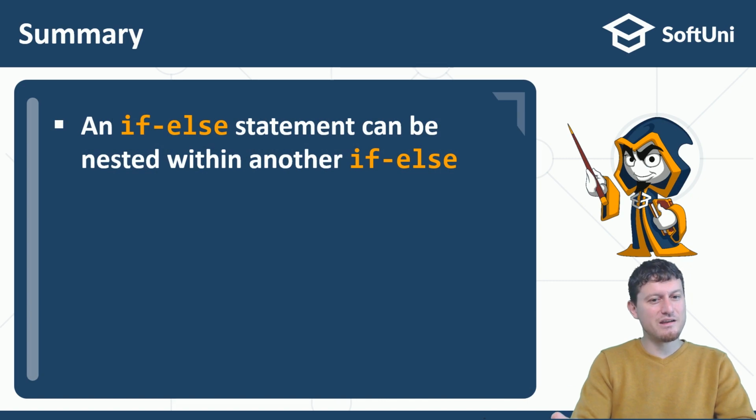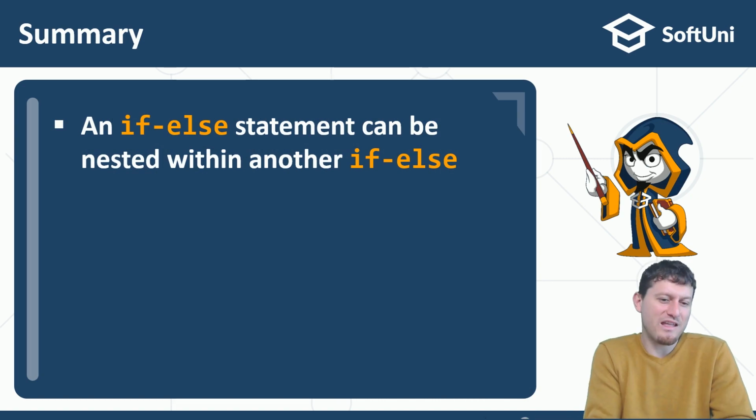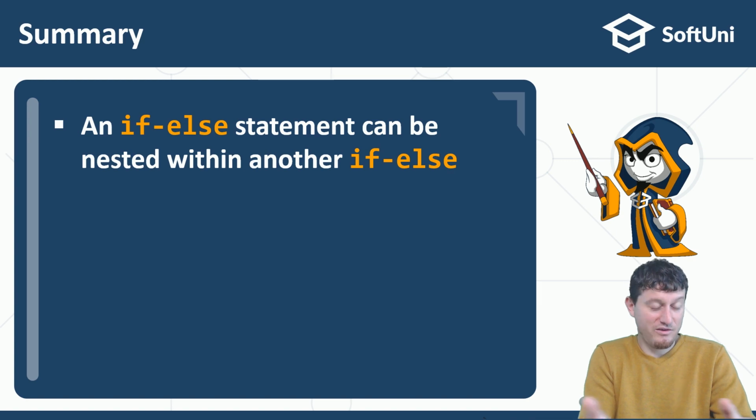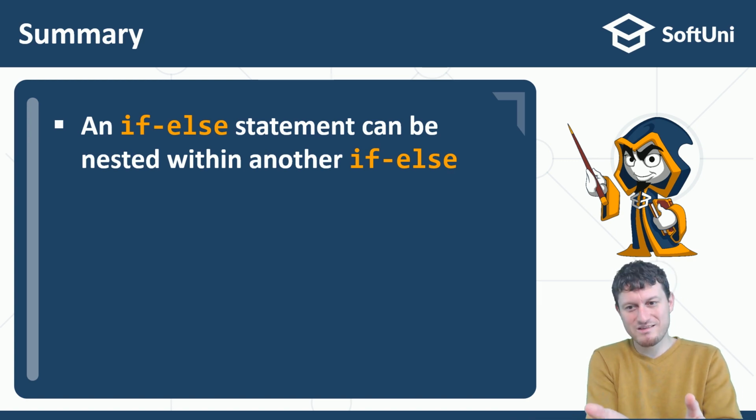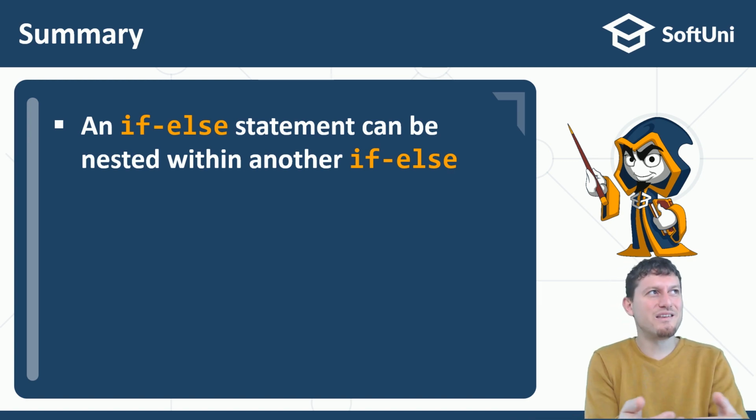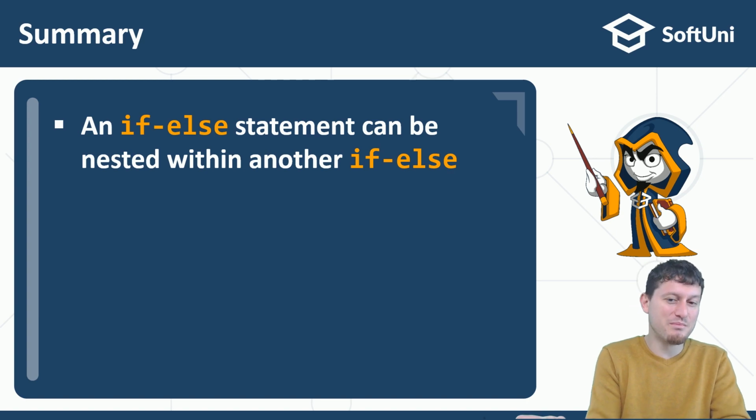And in summary, we demonstrated and explained that if-else statements can be nested within other if-else statements, which is natural. If-else is a statement, it can be put everywhere where a statement can be put. Everywhere where we can put System.out.println, we can put if-else.